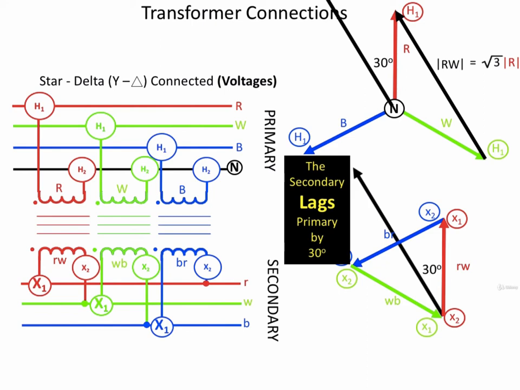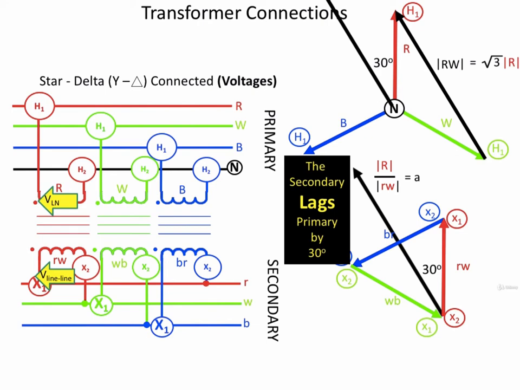And because the phase-to-neutral primary is magnetically linked to the phase-to-phase secondary, let me repeat that, because the phase-to-neutral primary is magnetically linked on each transformer to the phase-to-phase secondary, as you can see from the phasor diagrams, the phase-to-phase primary leads the phase-to-phase secondary by 30 degrees.